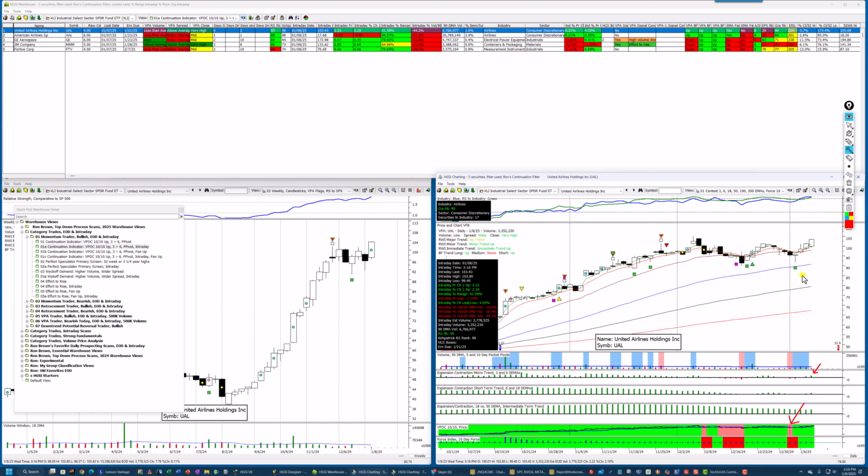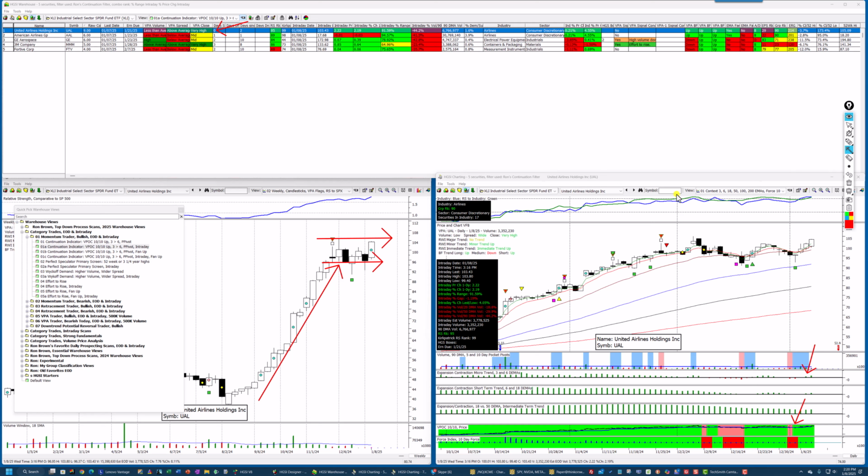The crossover, I need to clear this out and redraw these. Okay, so the VPOC was crossed over here, and the 3-6 crossover was, what did I say, yesterday. And it crossed over. Then, very strong weekly chart, and it's been in consolidation here, and it's going to try to break past resistance.